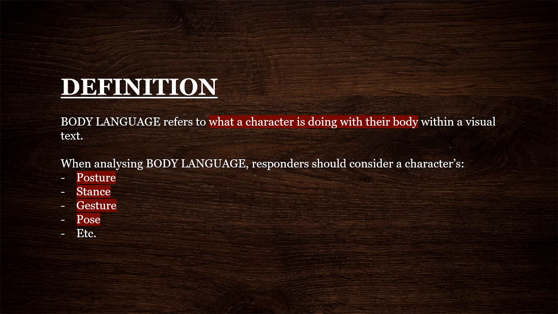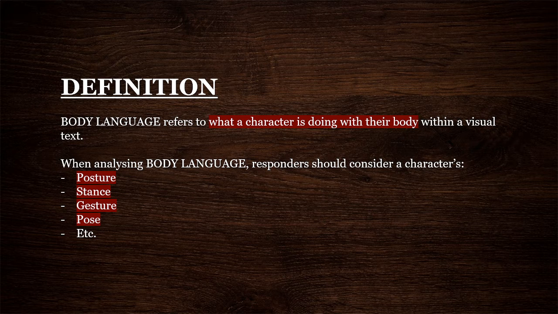In terms of the definition of body language, if you don't know already, or if you can't use your common sense, body language just refers to what a character is doing with their body. Usually, when you're talking about body language, you will be talking about a person in an image. I guess you could talk about animals and things like that, but you need a body in order to talk about their body language, if that makes sense.